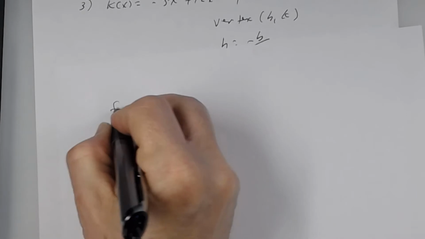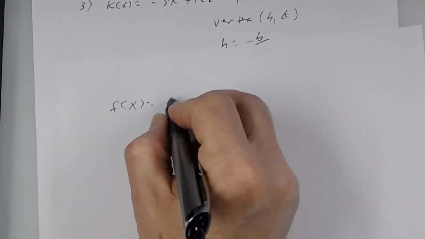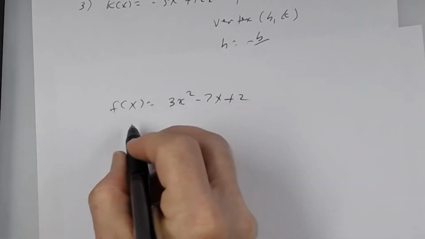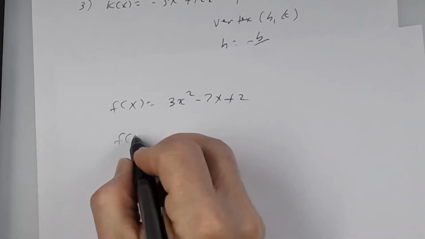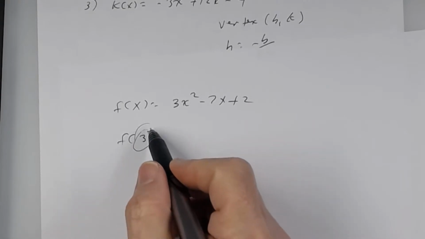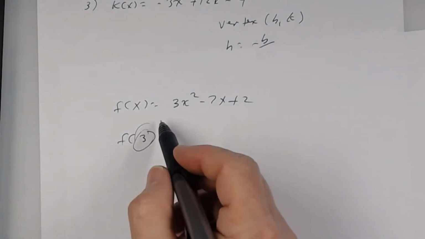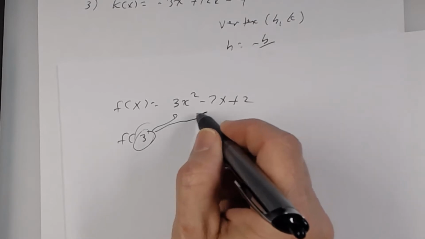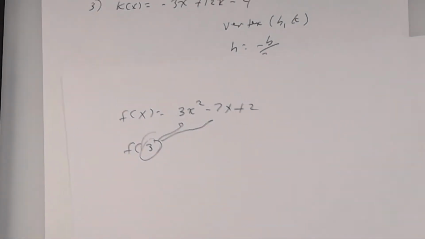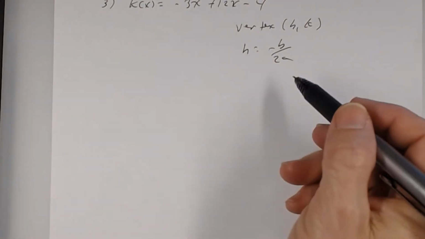You had something like this: if f of x is, let's say, 3x squared minus 7x plus 2, and I told you to find f of 3. Once you find x, how do you find the y? You plug it in. Same idea. But we have to find the x coordinate first.